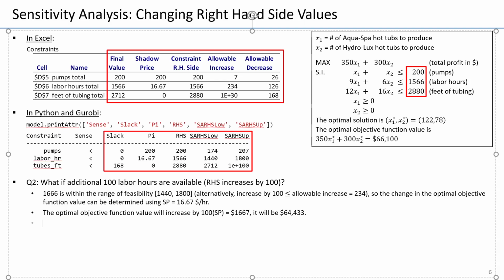Again, as before, we can ask ourselves, okay, what happens then to the optimal solution? Well, given that we relax a binding constraint, right? Remember, graphically, we're going to expand the feasible region, so we'll have more feasible points, right?